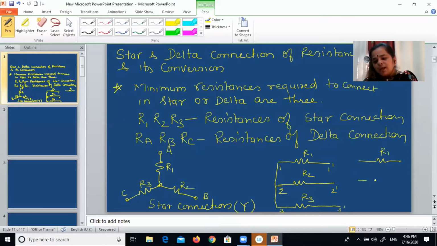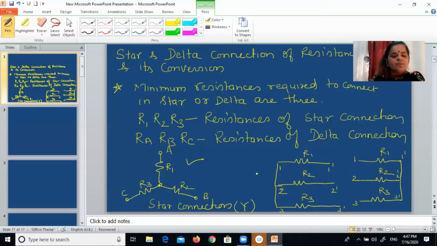Opposite to that, instead of 1, 2, 3, I can short 1 dash, 2 dash and 3 dash also. So this is 1, 2, 3, and this is 1 dash, 2 dash and 3 dash. If I short 1 dash, 2 dash and 3 dash, that is also a star connection.